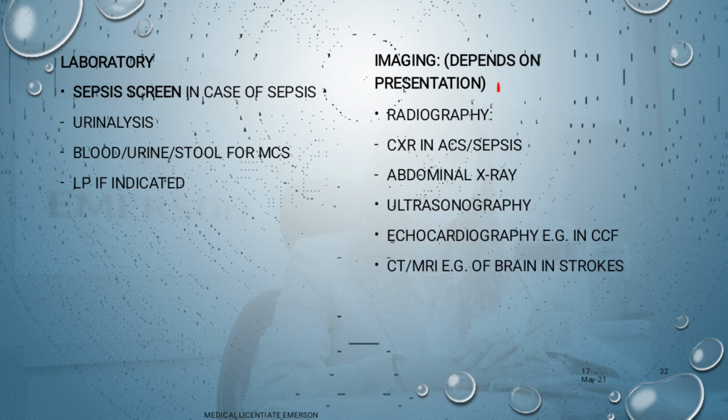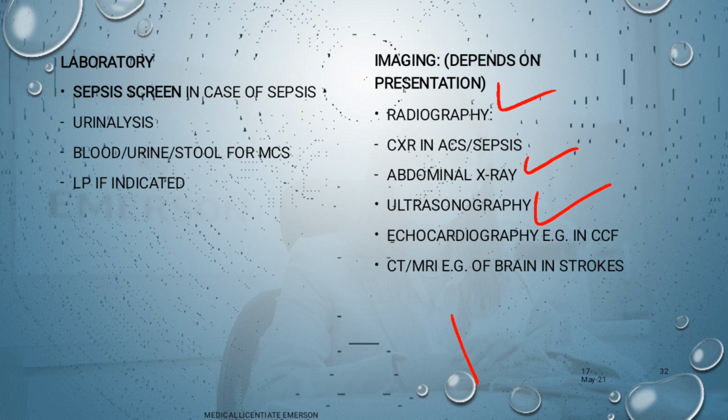Then under imaging, you can do radiography such as chest X-ray, for example in acute chest syndrome or sepsis, abdominal X-ray, ultrasound, echocardiograph, for example in CCF, or CT or MRI of the brain in strokes, or you can also do the transcranial Doppler ultrasound.